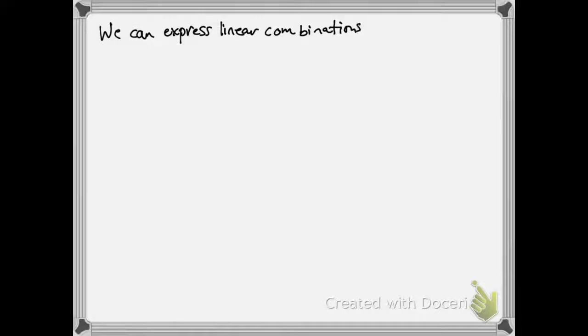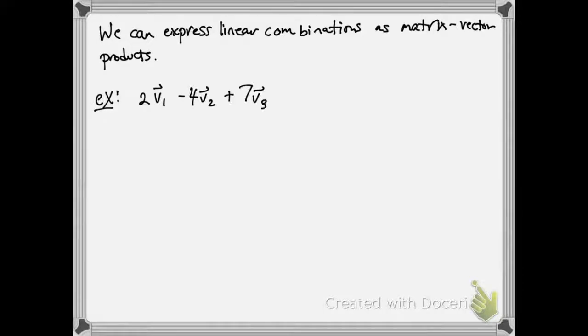So we can express linear combinations as matrix vector products, which means that we can start talking about linear systems also in terms of matrix vector products. So let's start with an example.